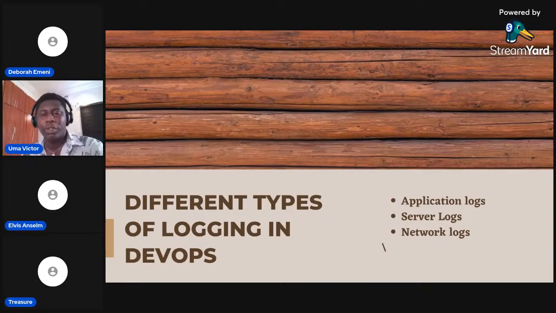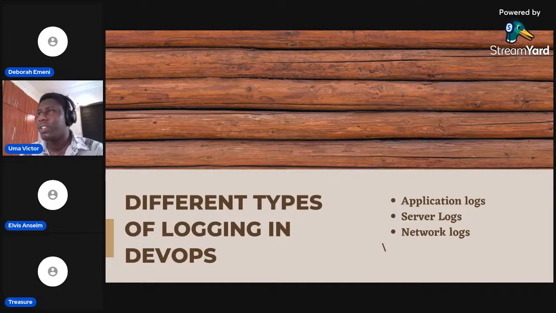Next, we are going to be talking about the different types of logging in DevOps. There are lots, but I'm talking about just a few of them. There's application logging, server logging, network logging. Application logging involves capturing data about the behavior of an application, such as user actions, errors, and performance metrics.